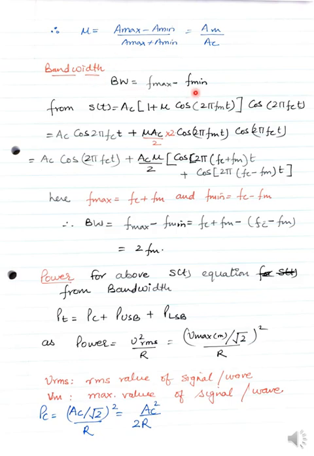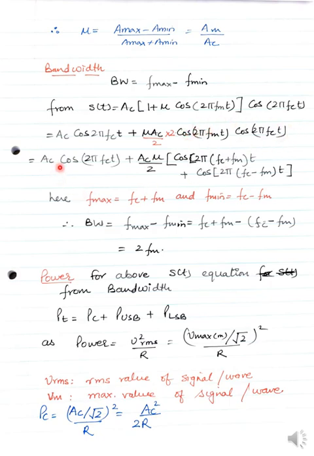Bandwidth is equal to F max minus F min. So if we look at it from s(t), we can write Ac times (1 plus mu cos 2 pi fm t) cos 2 pi fc t. Remember in the previous page it was Am divided by Ac, so we can write mu in place of this. So when you open it, it will be Ac cos 2 pi fc t plus mu Ac multiplied by 2 divided by 2, so that I can apply the 2 cos A cos B formula here.